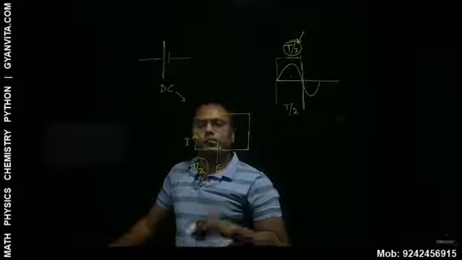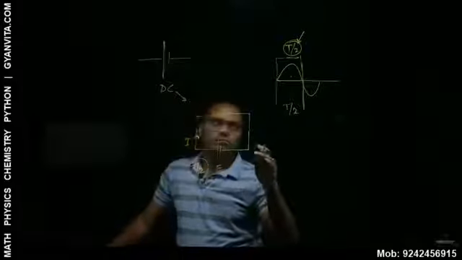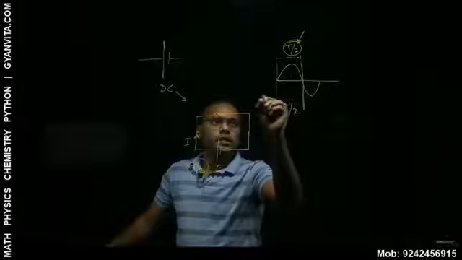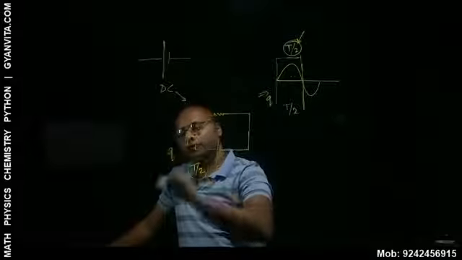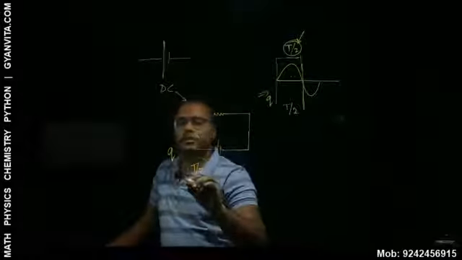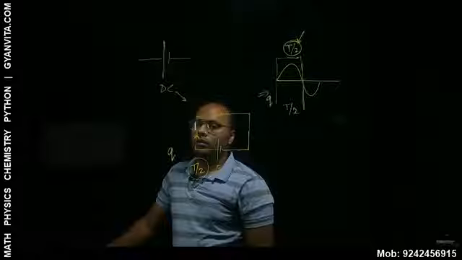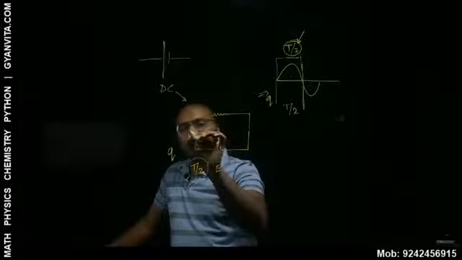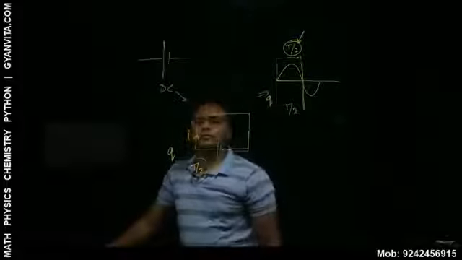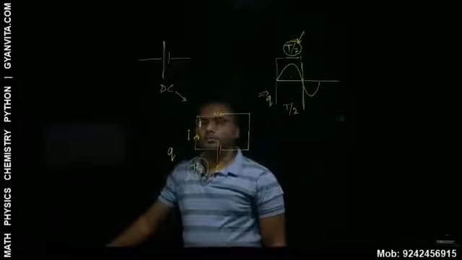Suppose here the charge which is sent is Q, so the same amount of charge Q should be sent here in the same amount of time, that is T by 2. Is that clear? Now the current which is generated here will be called the average current.